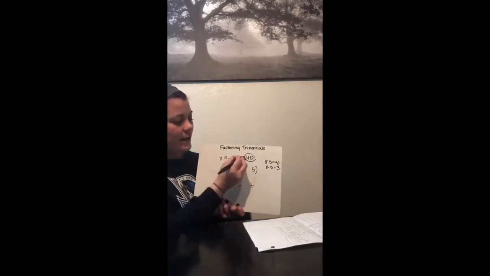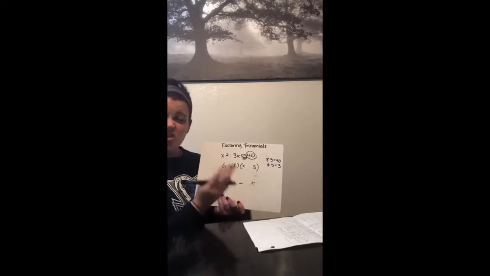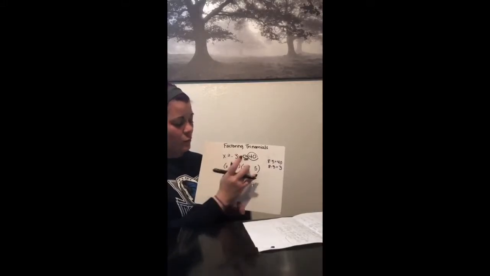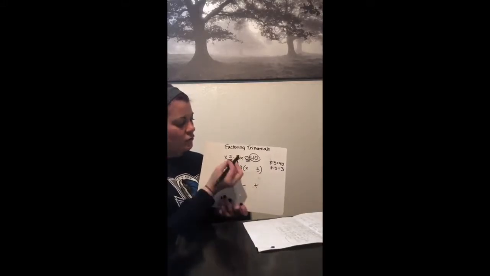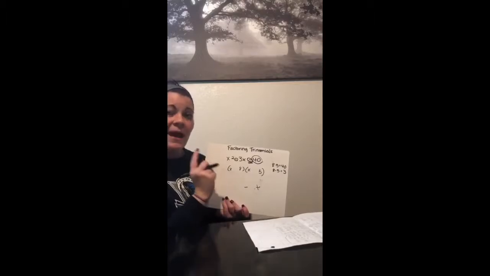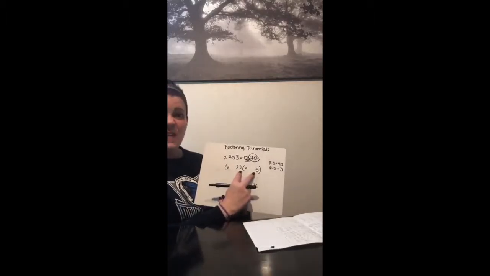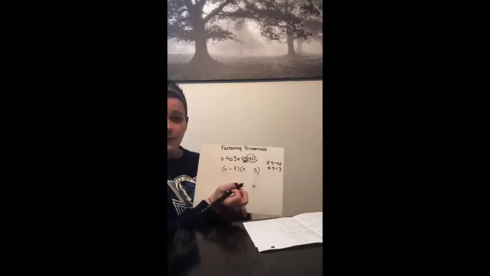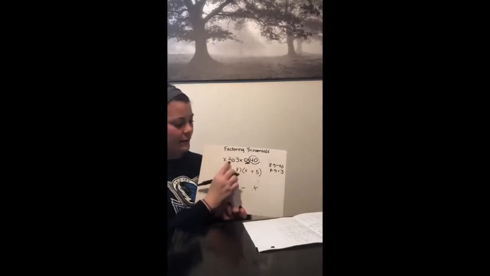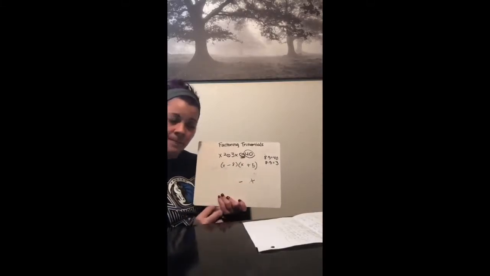If that is a minus sign, this is the only combination you can have. But to choose which one it goes in, you look at the middle term. The middle term has a subtraction sign, so my highest number has to have the subtraction sign. Out of 8 and 5, my highest number is 8. So the subtraction sign has to go there because the highest number has to match the middle term.